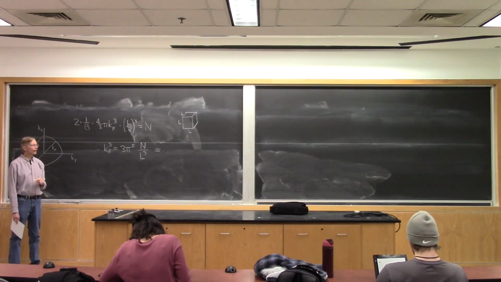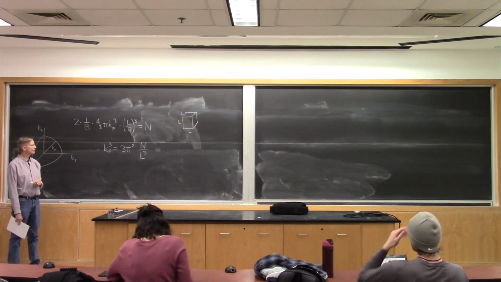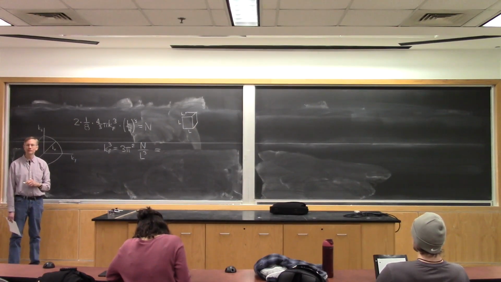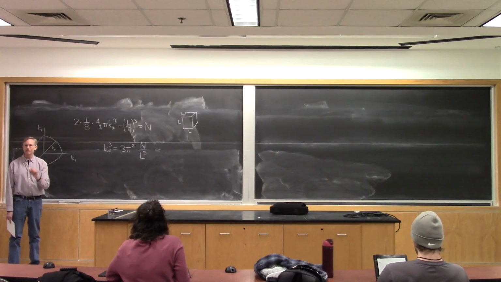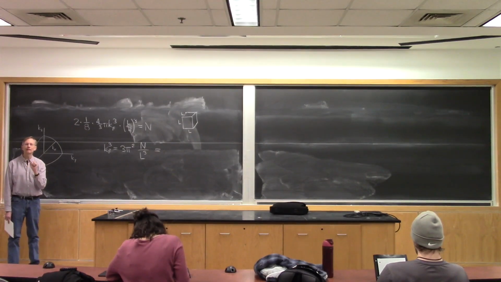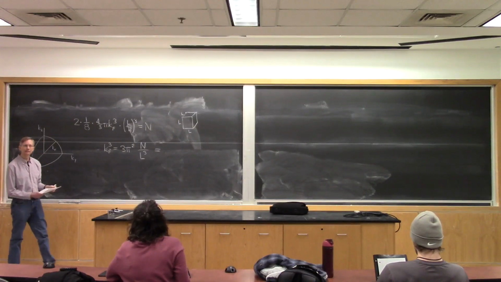So N over L cubed, how would you interpret that? That's the number of particles divided by L cubed. What is L cubed? That's the volume of the box, right? So N over L cubed is little n, the number density, the number of fermions per cubic meter inside of our box.